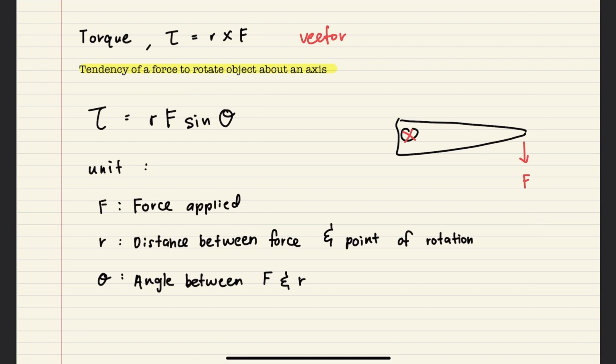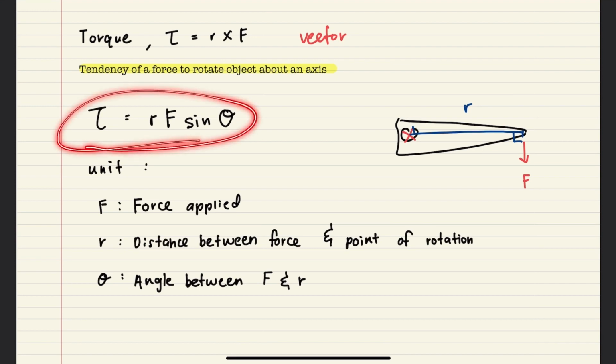So the distance between the point of rotation and the force is basically your R. And the angle between R and F is this one. You can imagine that this is the point of rotation going to the force. So R in that direction, F in that direction. If I make it a little bit longer, then you can see that it's a 90 degree angle between R and F. So this is one of the simple examples on how to use this formula based on this diagram.